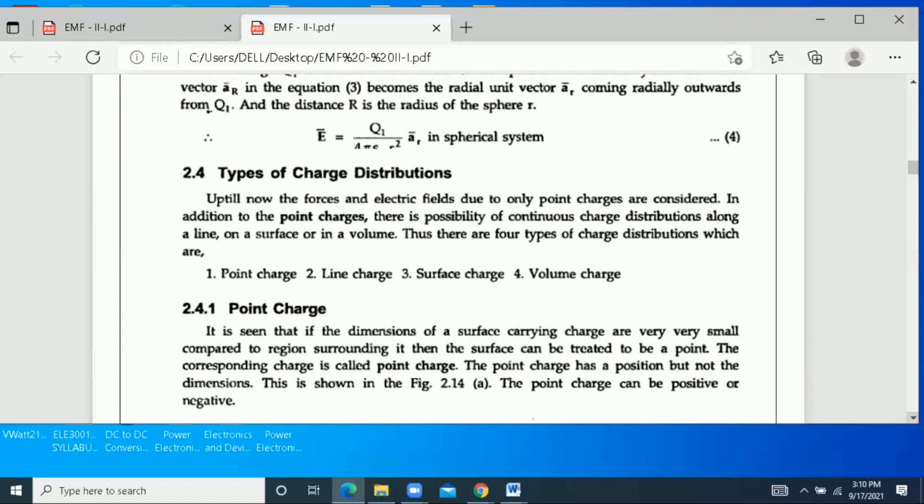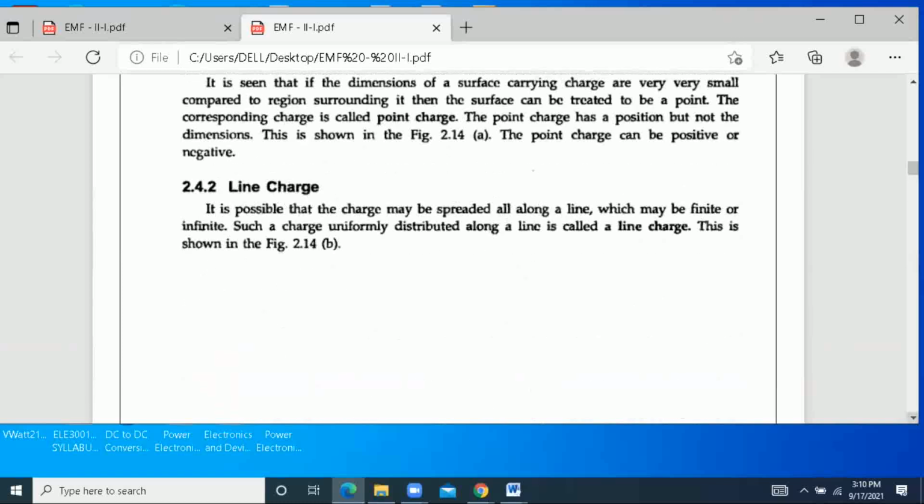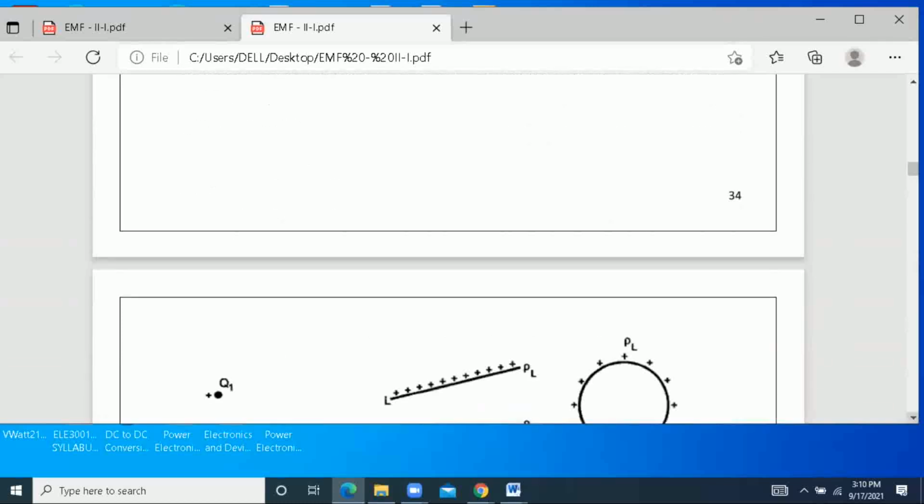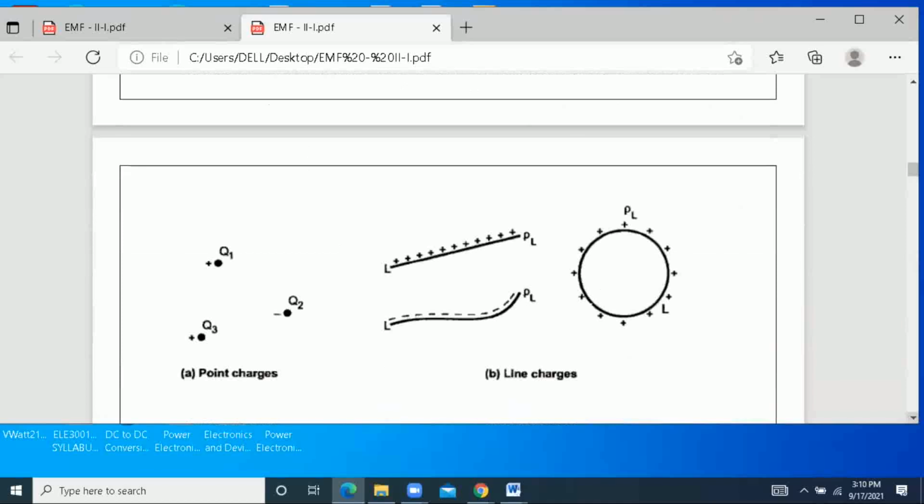We already did the point charge. So look at a line charge. Here you have a line. And like I say, it can take any shape.